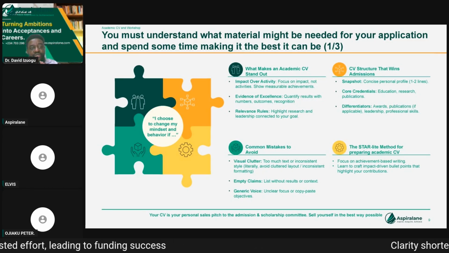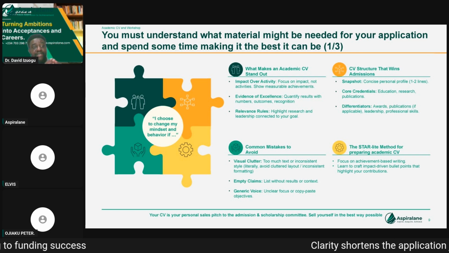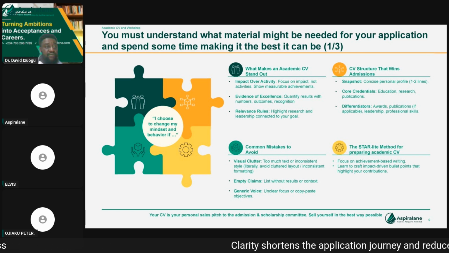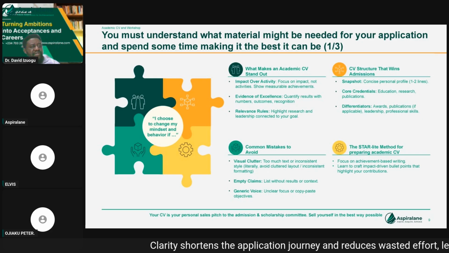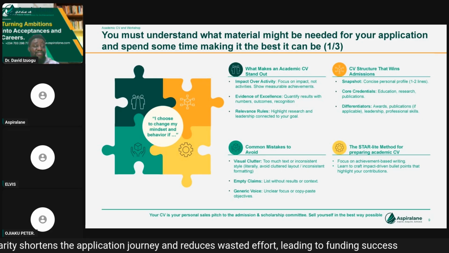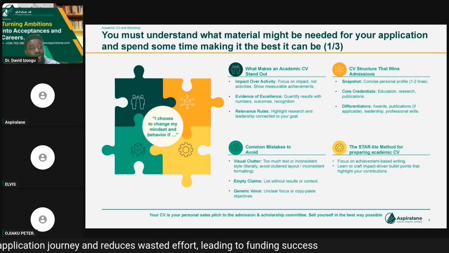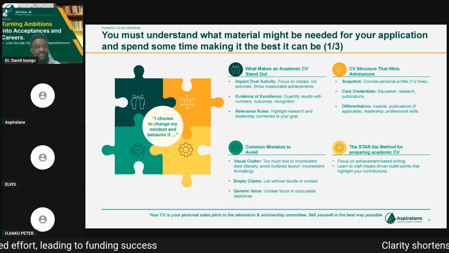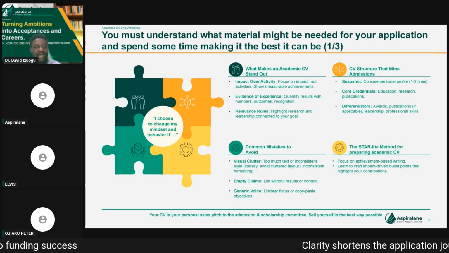It simply tells the person that, yeah, you did this, there was an outcome, but it wasn't an exceptional outcome. So you want to make sure that whatever you are doing comes with exceptional outcomes so that you are able to bring that exceptional outcome into your CV.